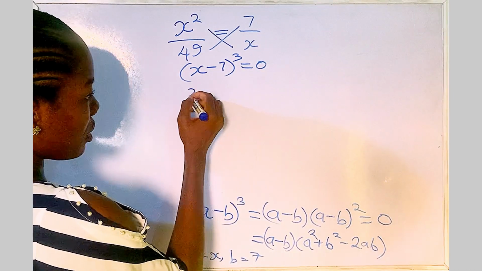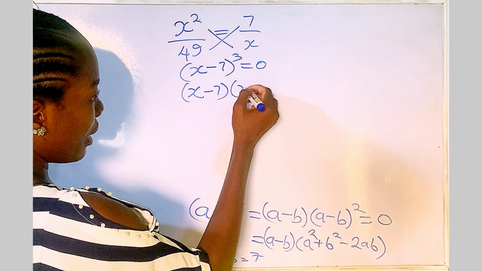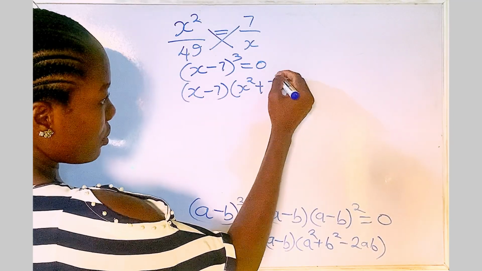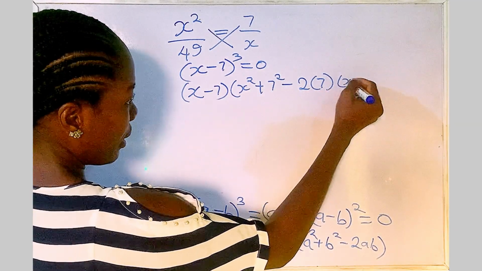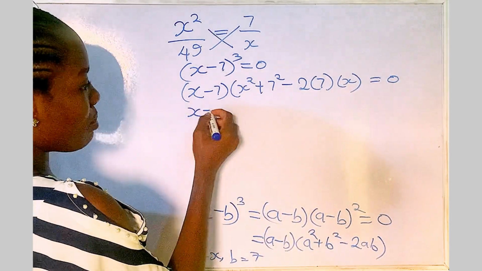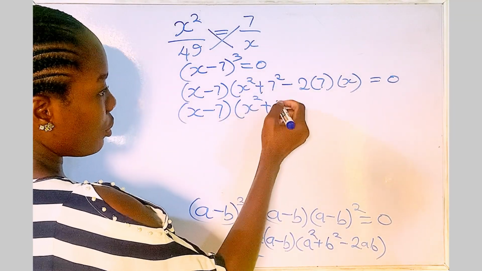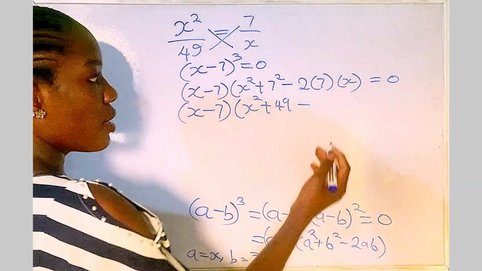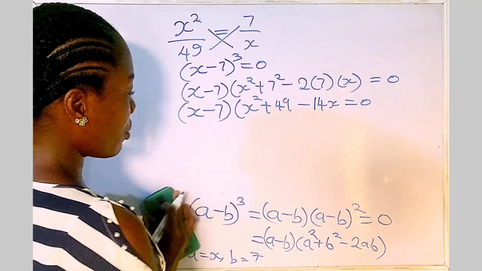So this becomes x minus 7 and x squared plus 7 squared minus 2 multiplied by 7 multiplied by x, which is equal to 0. So this is x minus 7, x squared plus 49 minus 2 times 7 will give us what? 14x is equal to 0.